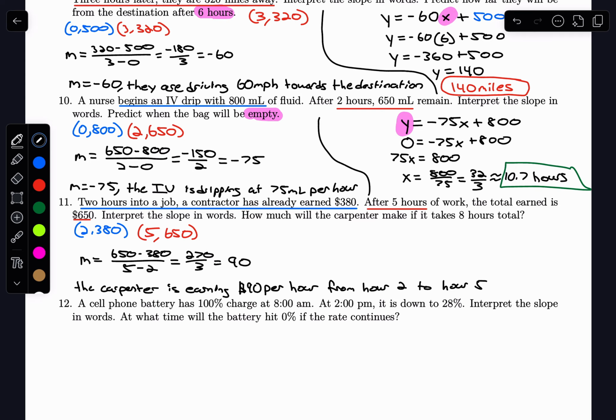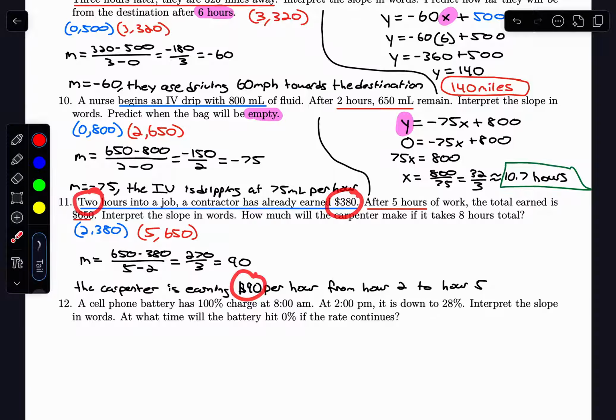At the end here, it says, how much will the carpenter make if it takes 8 hours total? So now this part's a little bit not so obvious. Okay. Notice that the original amount the carpenter had here was after 2 hours, $380. 2 times $90 is not $380. Okay. So that means that this carpenter earned $200 before doing any work, because 2 times 90 is 180 and 380 is $200 more than that.